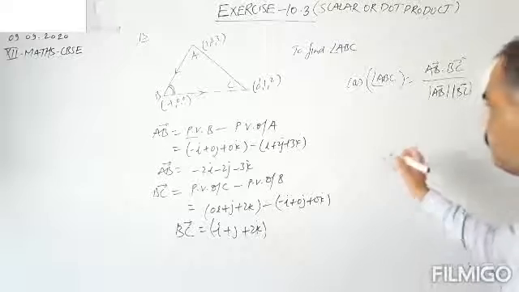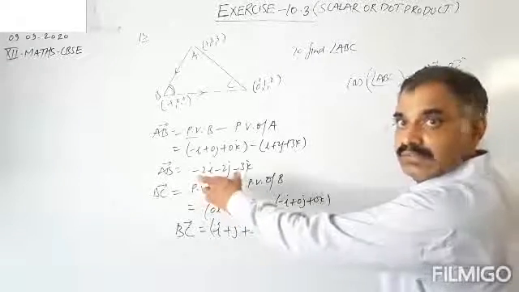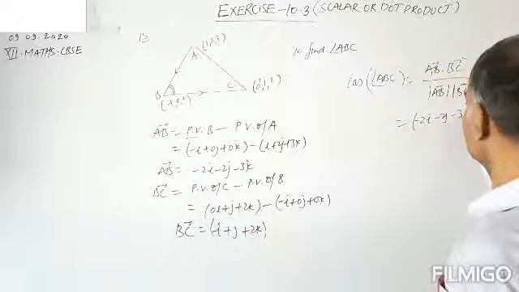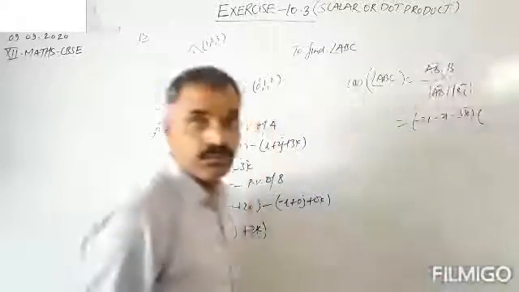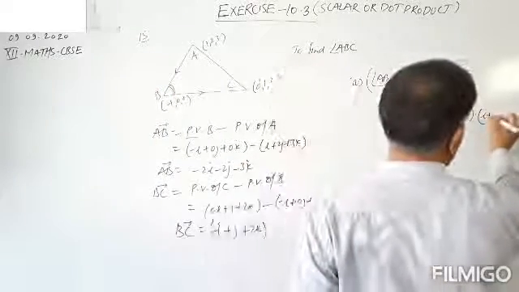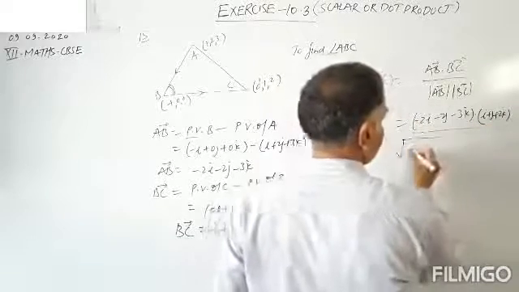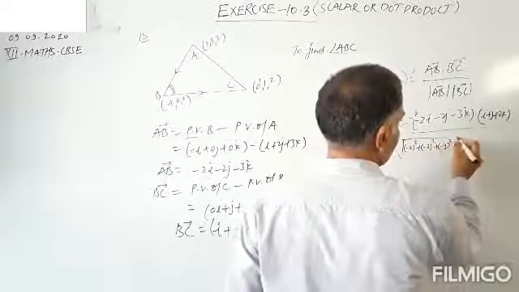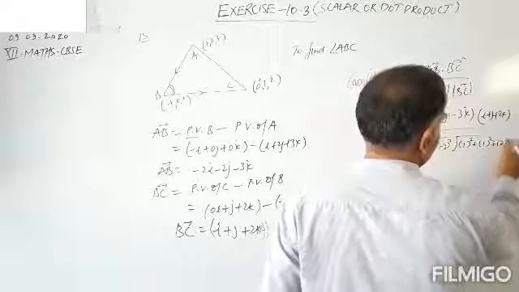Okay, so AB vector dot BC vector, AB vector is this, minus 2 I cap minus 2 j cap minus 3 k cap, dot I cap plus j cap plus 2 k cap, divided by the magnitude of this: under root of minus 2 squared plus minus 2 squared plus minus 3 squared, times under root of 1 squared plus 1 squared plus 2 squared.